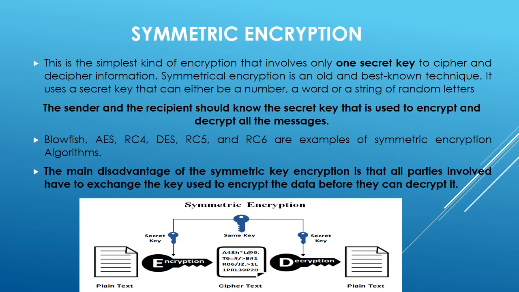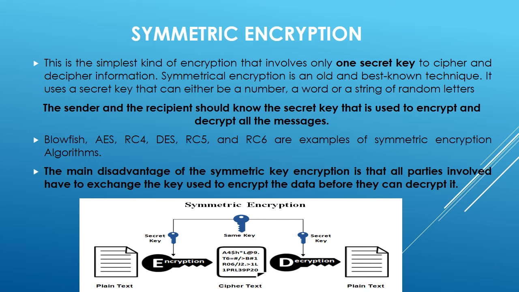Symmetric encryption. This is the simplest kind of encryption that involves only one secret key. That one secret key is used to cipher and decipher information. Symmetrical encryption is an old and best known technique.